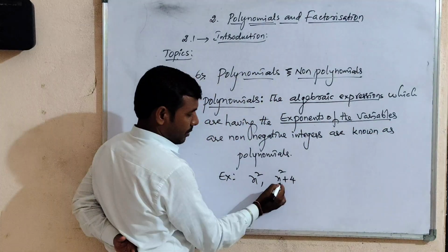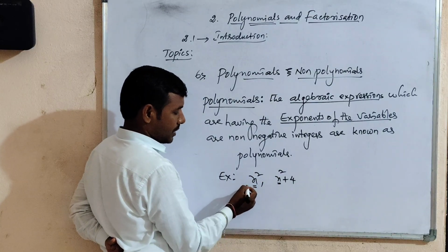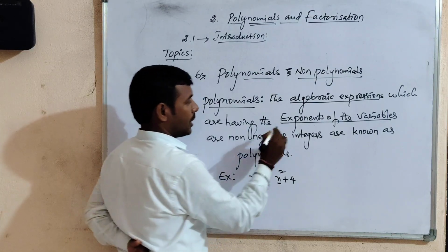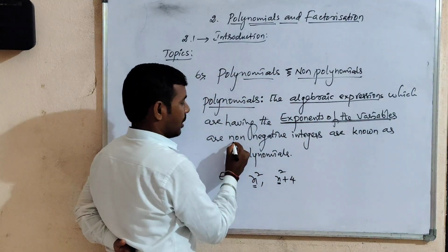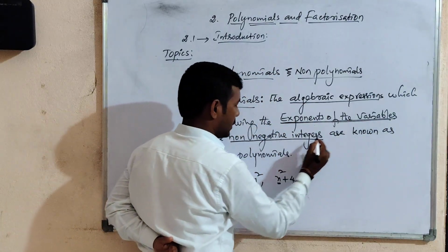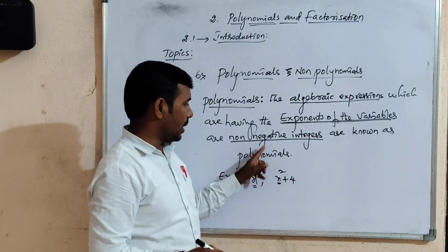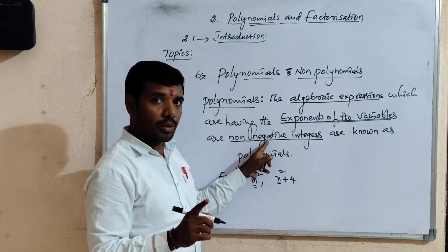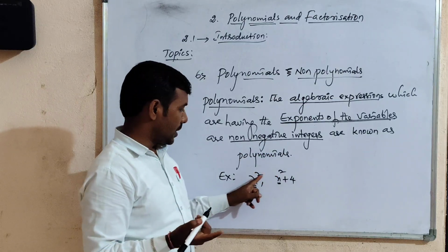Here who is the variable? x. Its exponent is 2. Nothing but exponents of the variables are non-negative integers. Non-negative integers, another name is whole numbers. Tell me, is it a whole number? Yes.